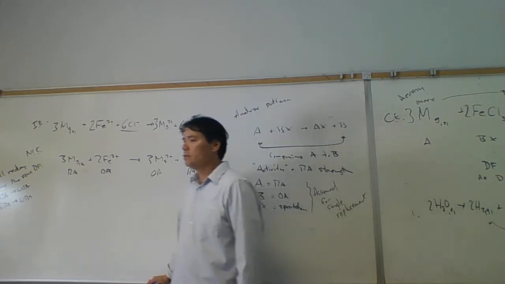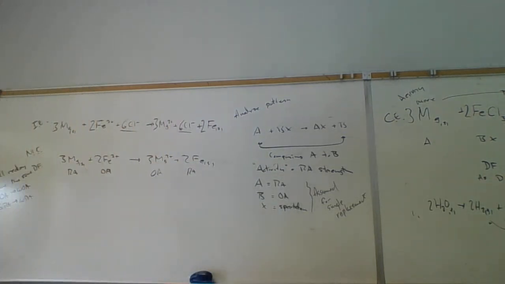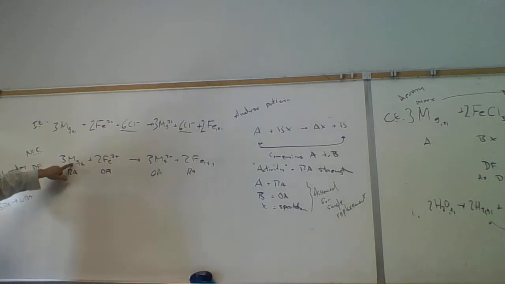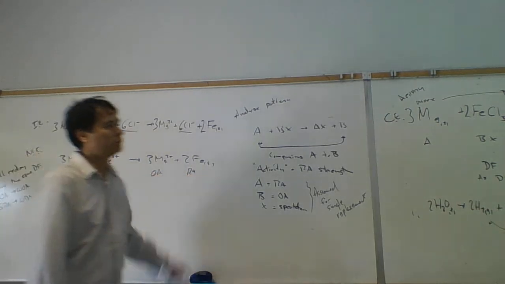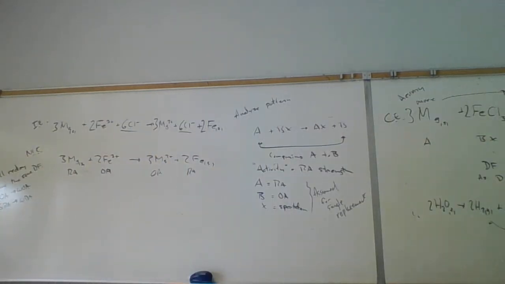And so what we do is we consult the redox chart. When we consult the redox chart, which one's a stronger reducing agent, magnesium or iron? So here's magnesium, here's iron. The strongest is lithium. So magnesium is stronger than iron.